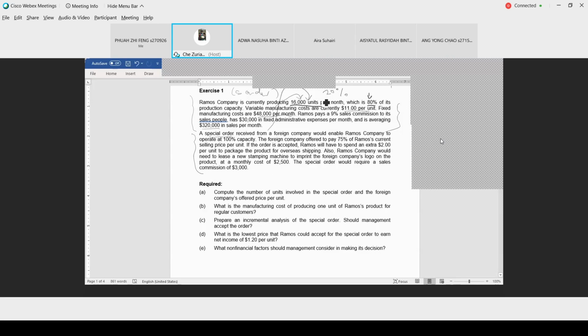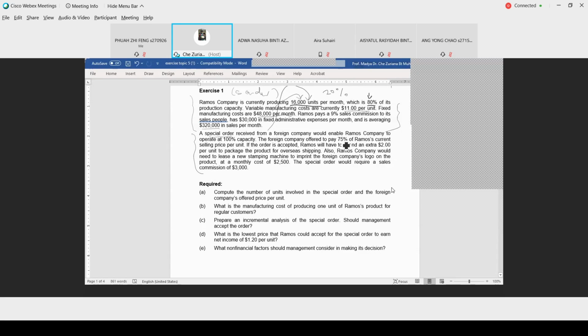Alright. So the foreign company offered to pay 75% of Ramos's current selling price per unit. It means if you can get the sales price per unit for these 16,000 units, then for the special order you have to multiply by 75%, because for the special order it is just 75% of the current selling price per unit. Okay, so if the order is accepted, this is the extra cost incurred.